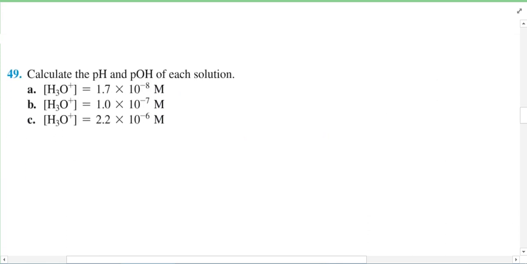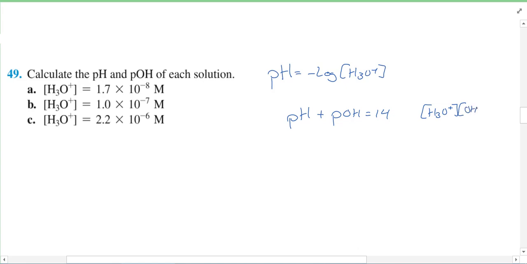49, now we're at pH and pOH. So for 49, there's two ways to do this. pH is negative log of hydronium. Now, we can do pH plus pOH is 14, which is probably easier. Or, because you have a calculator, hydronium times hydroxide is 1 times 10 to the negative 14th.